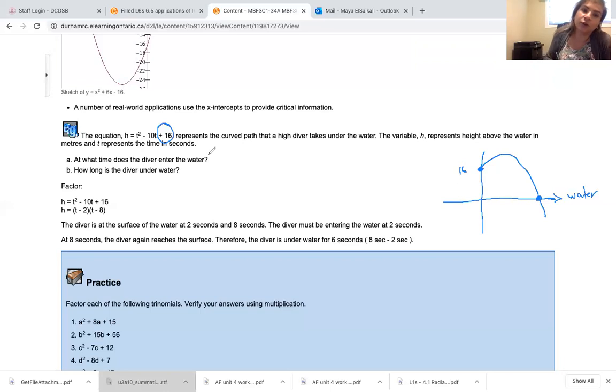And to put it in factored form, because I have a trinomial, I need to do sum and product. So I'm looking for two numbers with a product of 16 and sum of -10. And remember that if B is negative and C is positive, then both of them are negative.